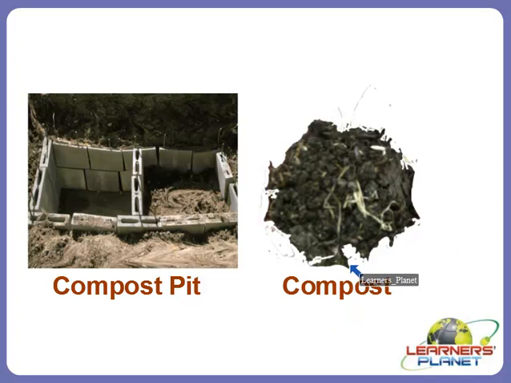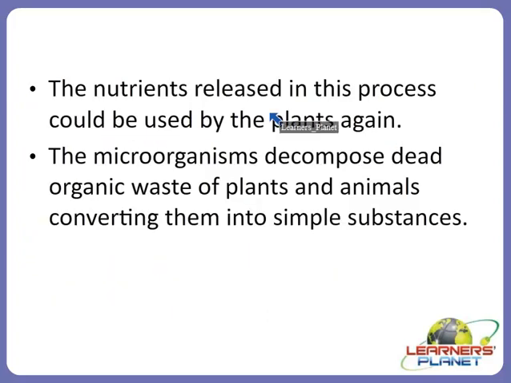The next diagram you can see here is the compost. Now this compost you must have seen in the garden, and even in the market it is sold in various forms, like in packets. So it is something very common which could be easily observed in your surroundings: in the gardens, in the market, in the nurseries, in the agricultural fields, etc. We are continuously saying that nutrients are released in this process.